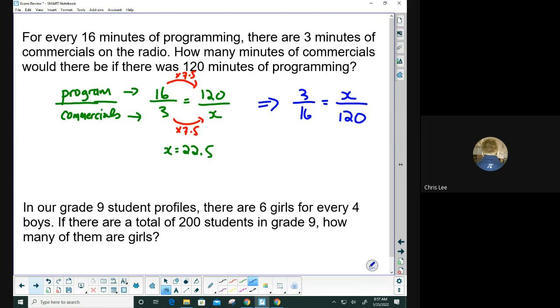And then if I'm dividing by 120, what's the opposite operation? Bring it up and multiply. So it's 120 times 3 divided by 16. And if you do that math, you should also get 22.5.